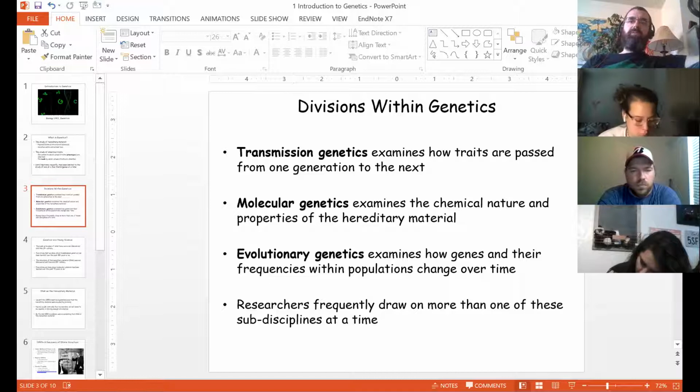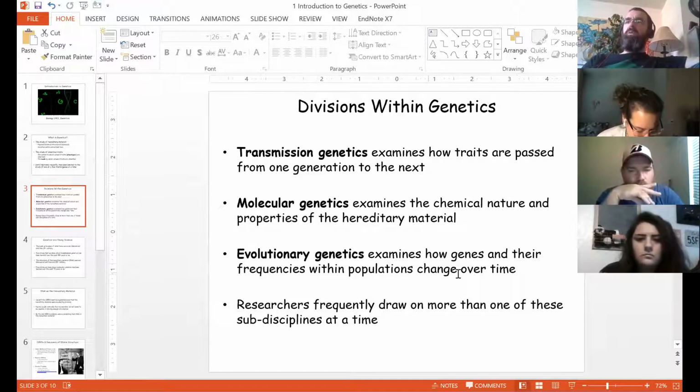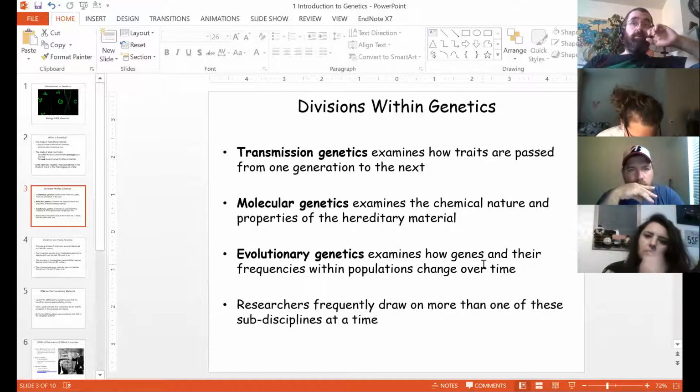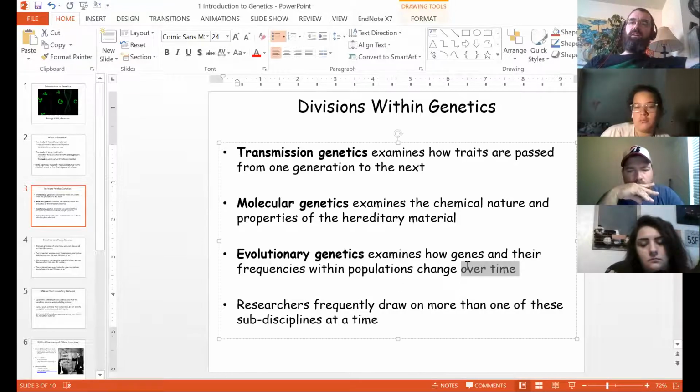Obviously, molecular genetics I've already talked about, and evolutionary genetics. This is an interesting one because it kind of ties together population genetics, which is how, really this should read alleles, not genes, how different forms of genes change in frequency in a population. And this is the key one, right?